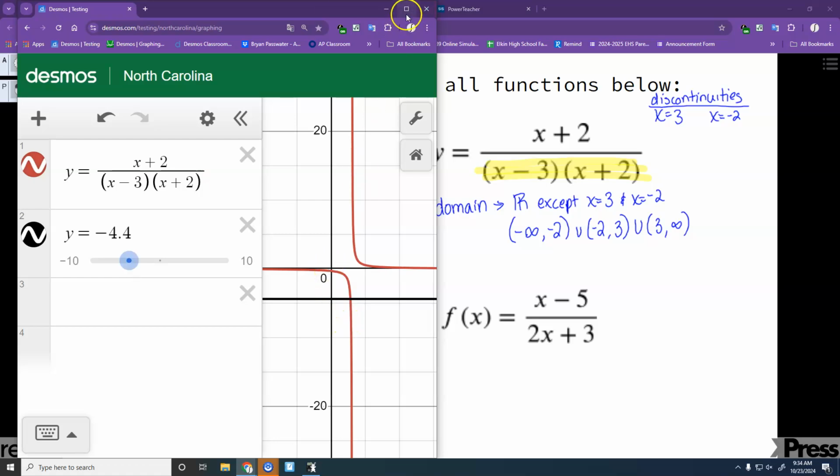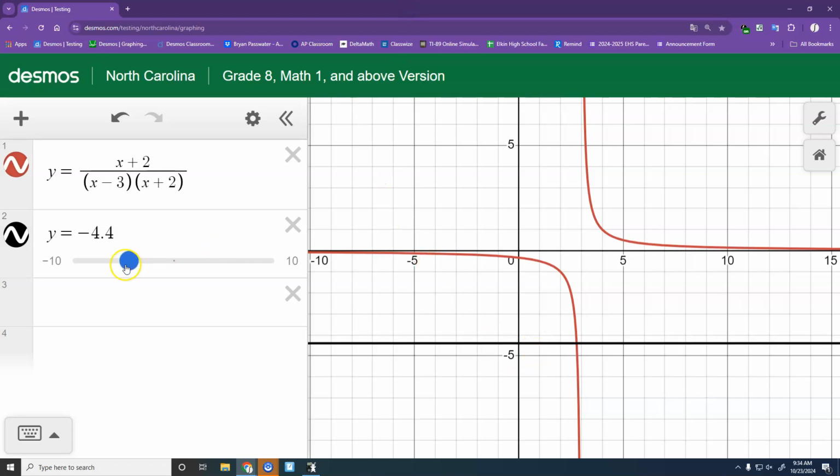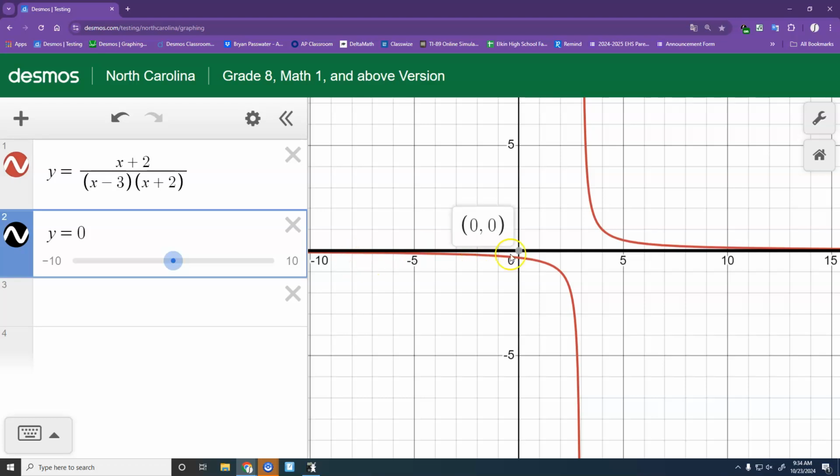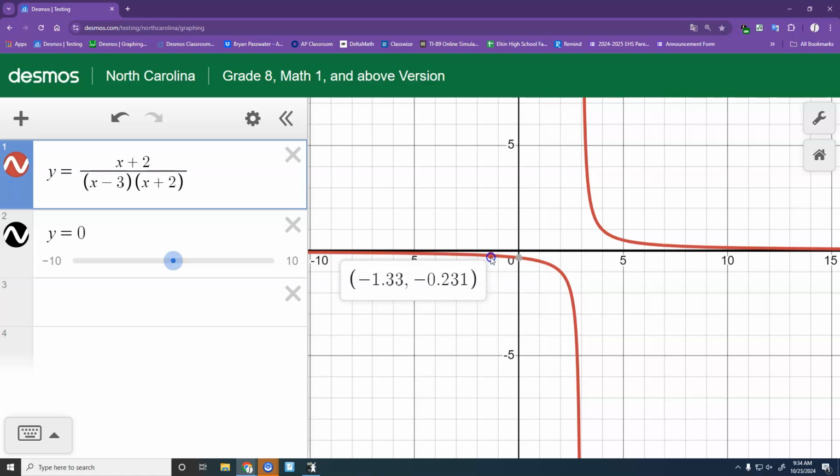There's one that is pretty easy to see. Where does this graph not touch? 0, right? I have a horizontal asymptote at 0. But at negative 2, I've got a hole in the graph, right? So right here, if I click on that red graph, at negative 2, I have another hole there, right?